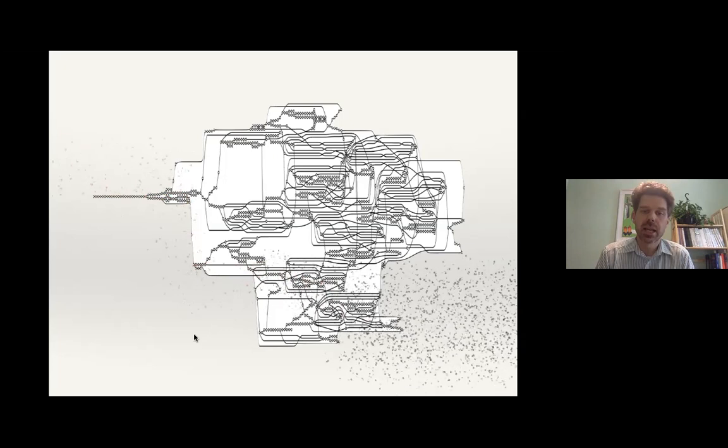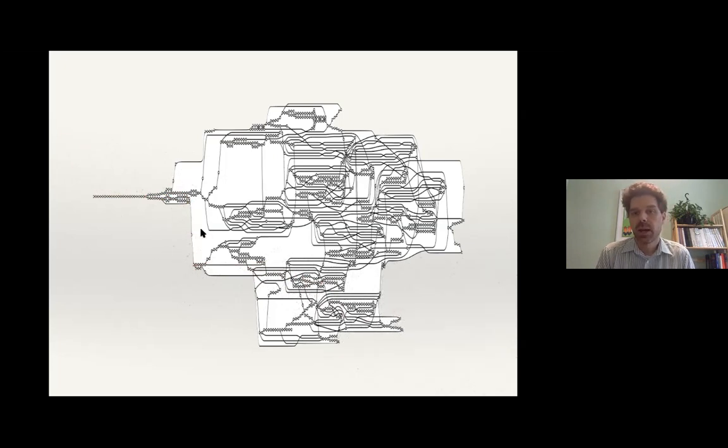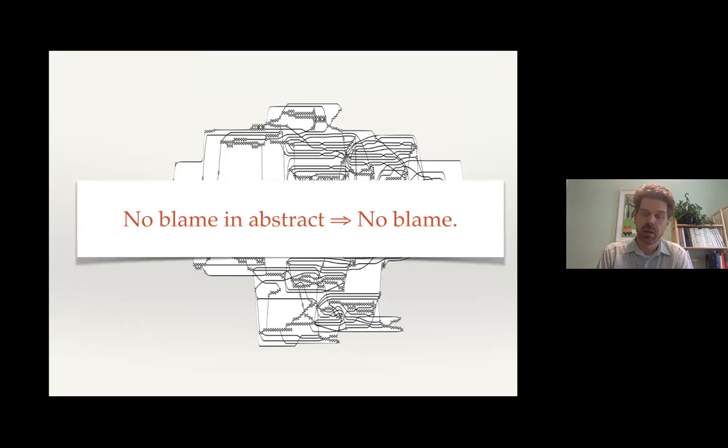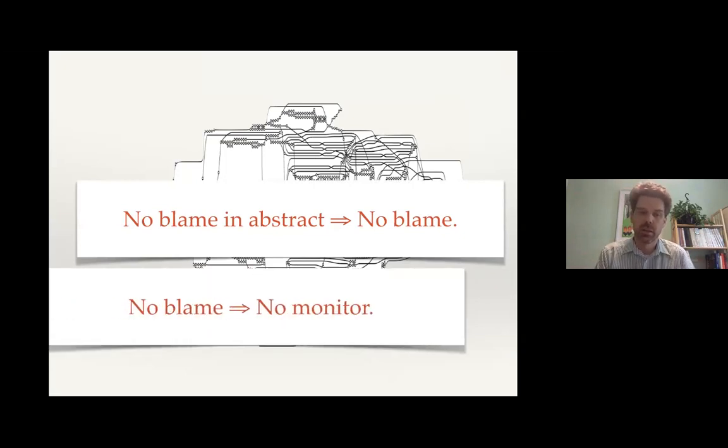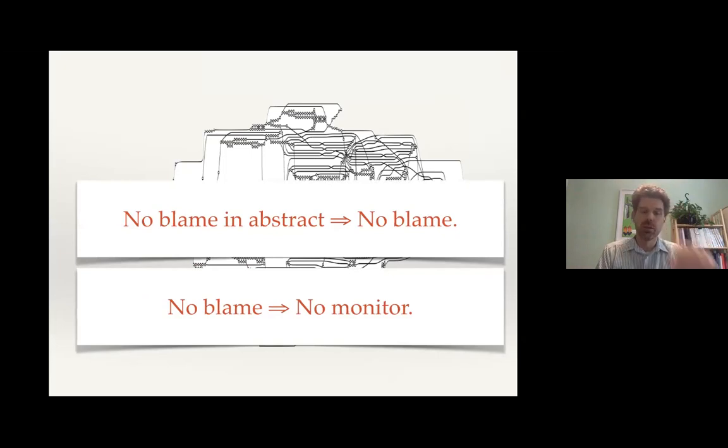But thanks to the soundness of the abstract interpretation, if you look at all of the states here and none of them are contract crashes, well, then you know for sure, you're guaranteed that there's no possible contract violation when you run the program. So if there's no blame in the abstract semantics of your program, then there's no blame no matter what you link it against and run.